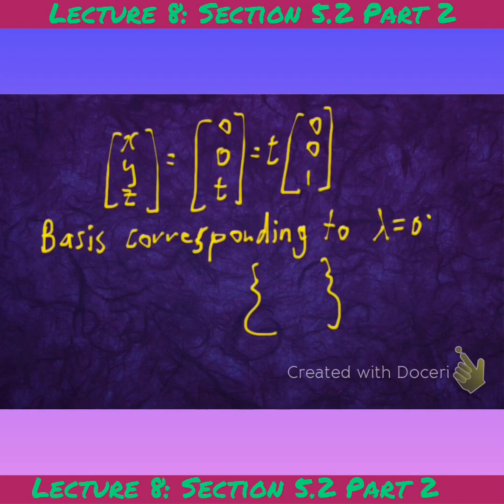So the basis corresponding to lambda equals 0 is going to be this vector.